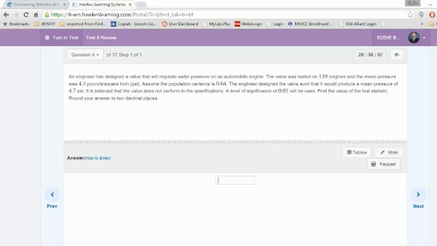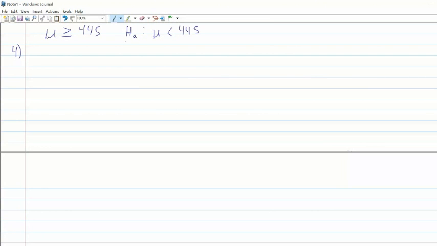We've got a lot of things we need to write down. n is 110. That is greater than or equal to 30, so we can assume this will work correctly with our test statistic. It is normally distributed. So let's write down first the null and alternate hypothesis. You may say, why do I need that? I don't really need that, but it's okay to practice.